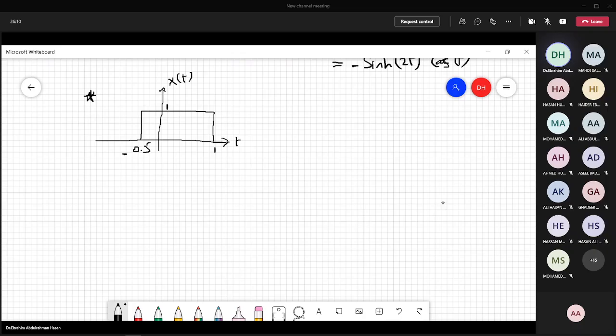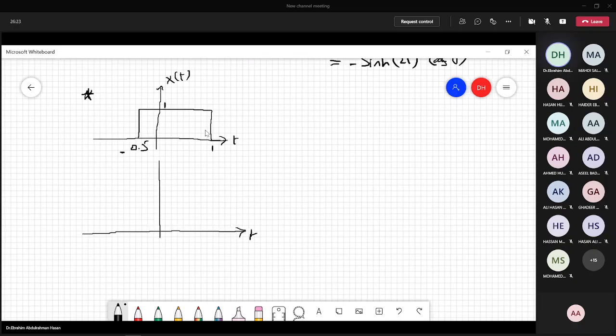So x of minus t is the same, except that whatever you have on the right, put it on the left. Whatever you have on the left, put it on the right. So then it will be from here.